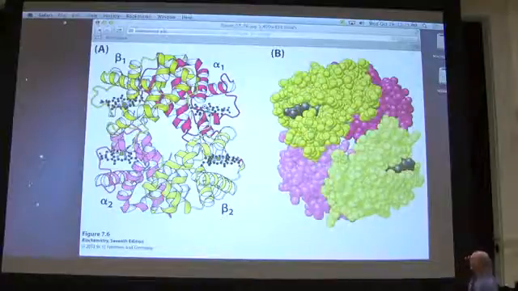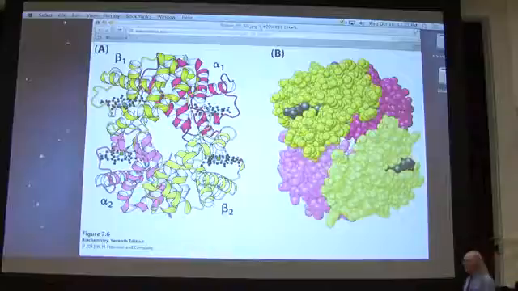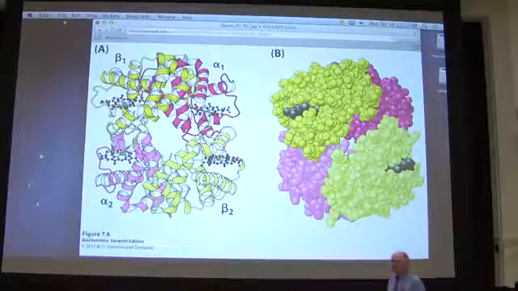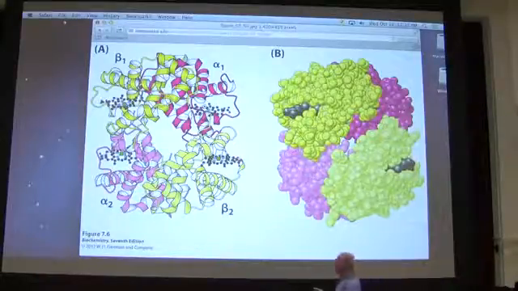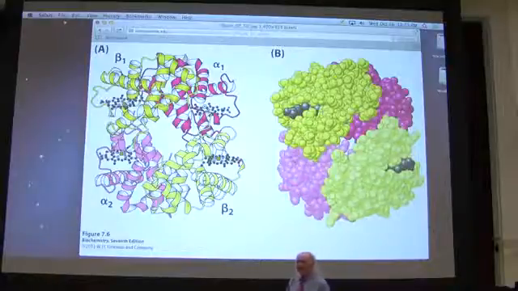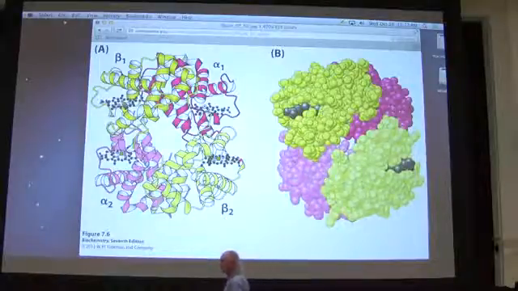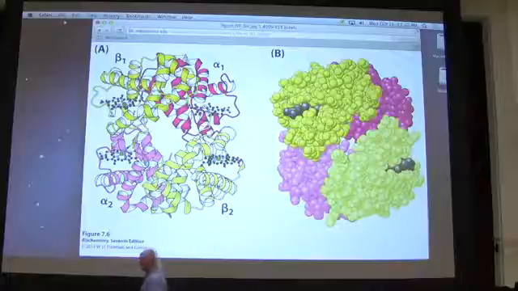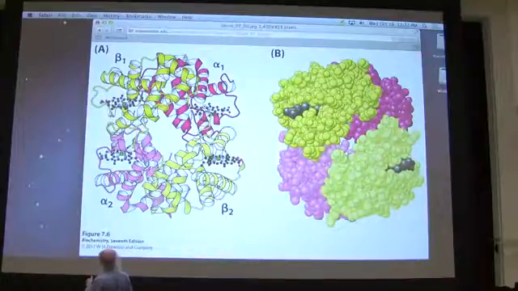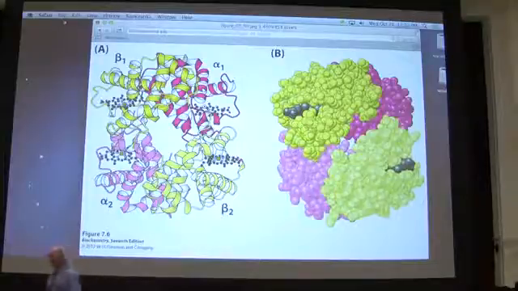Now, because of that, this subunit's structure has changed very slightly. And that means its interactions with the other subunits has also changed very slightly. That interaction between, let's say, this guy and this guy now induces the pink guy to also undergo a change.